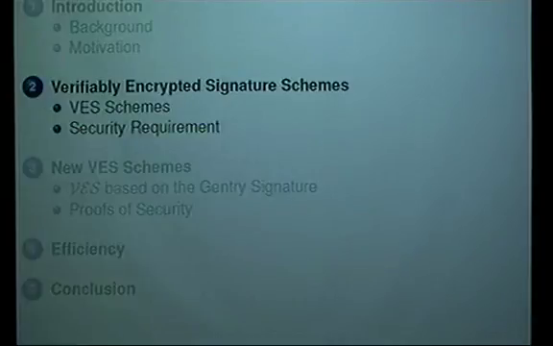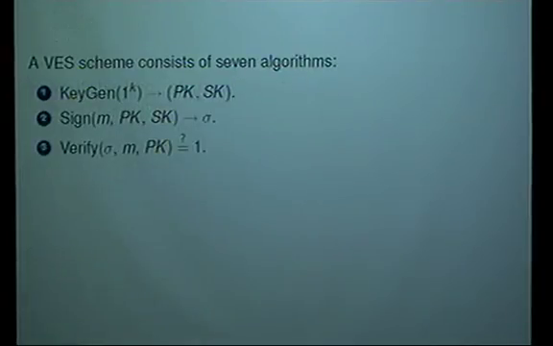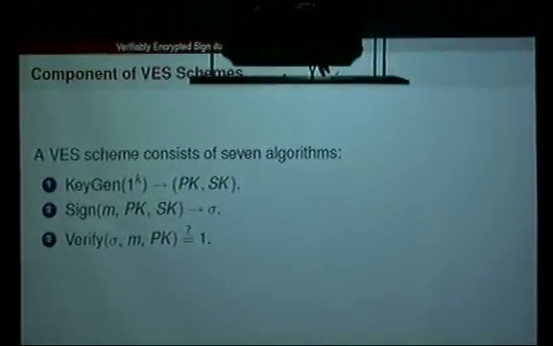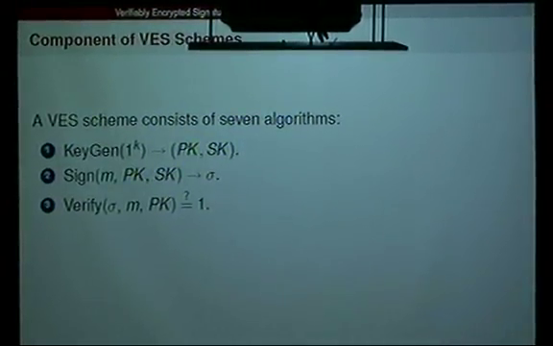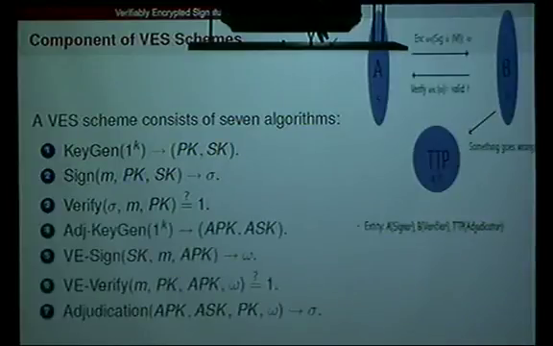I will examine the definition of the VES. A VES scheme consists of 7 algorithms. The first through third steps are the ordinary steps, and the remainder are newly defined.